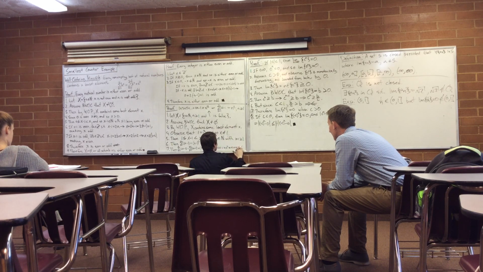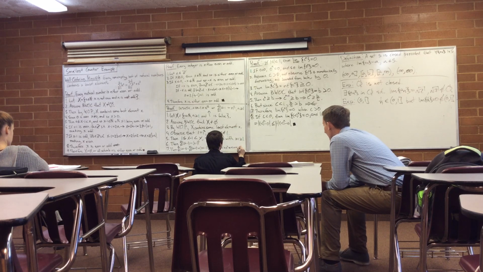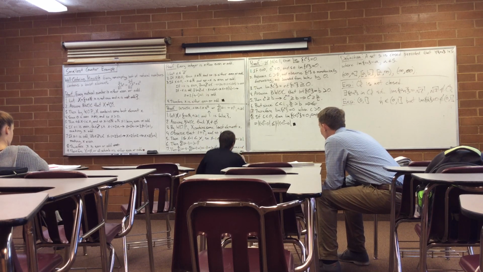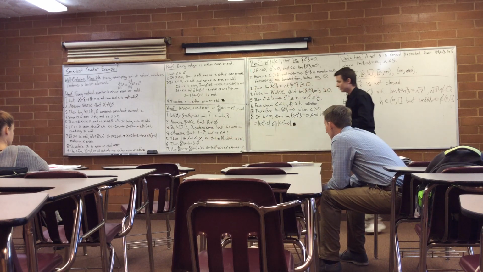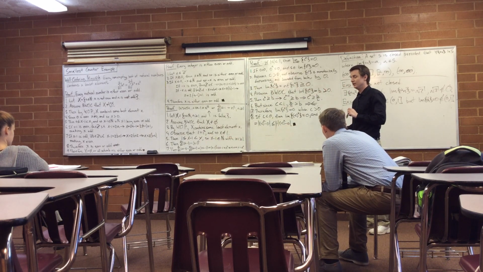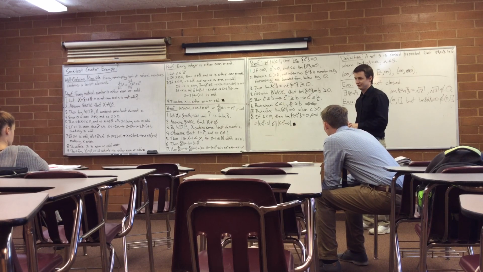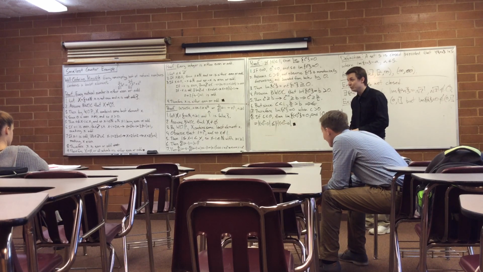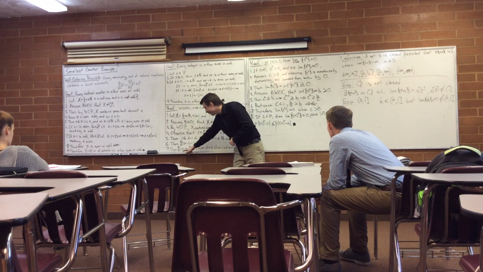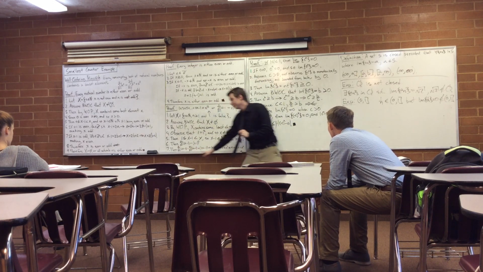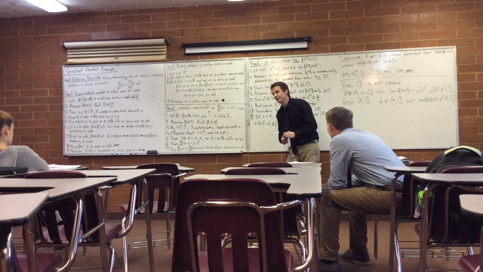Minus 1. Which equals x squared. Contradiction. The sum of the first x odd numbers equals x squared.